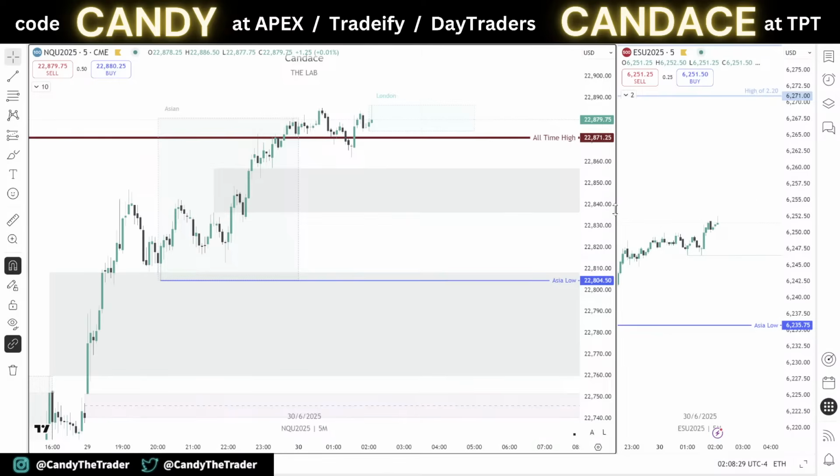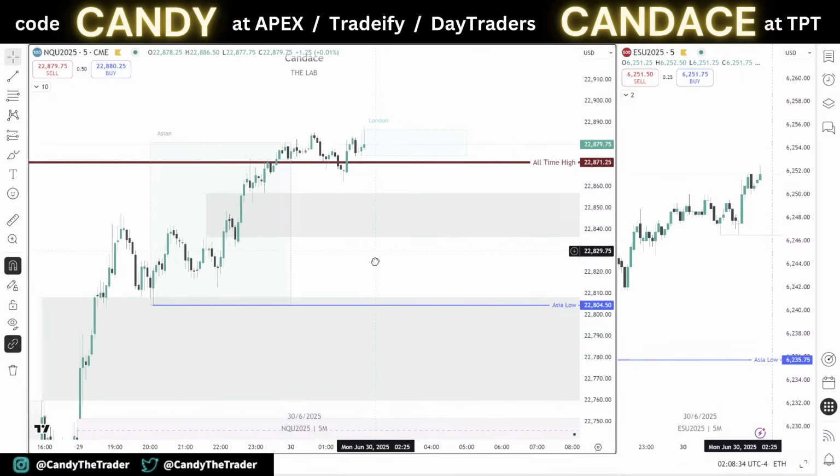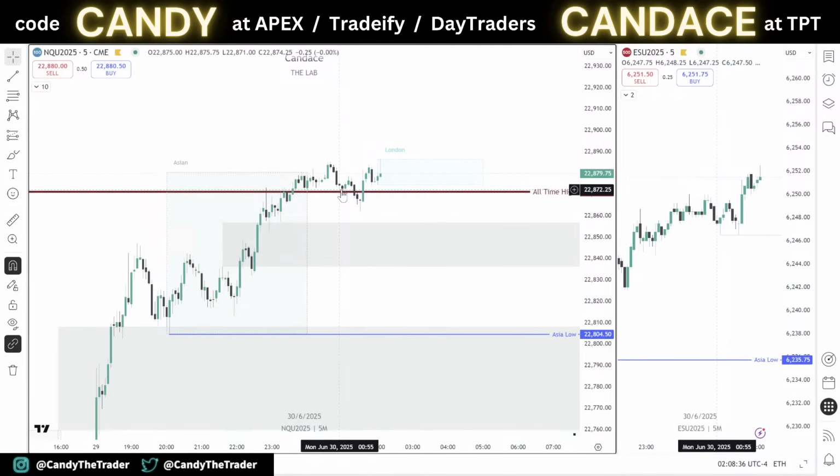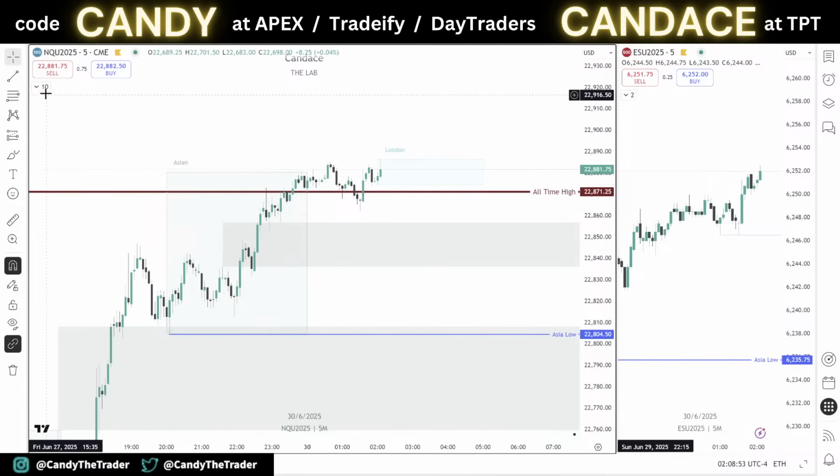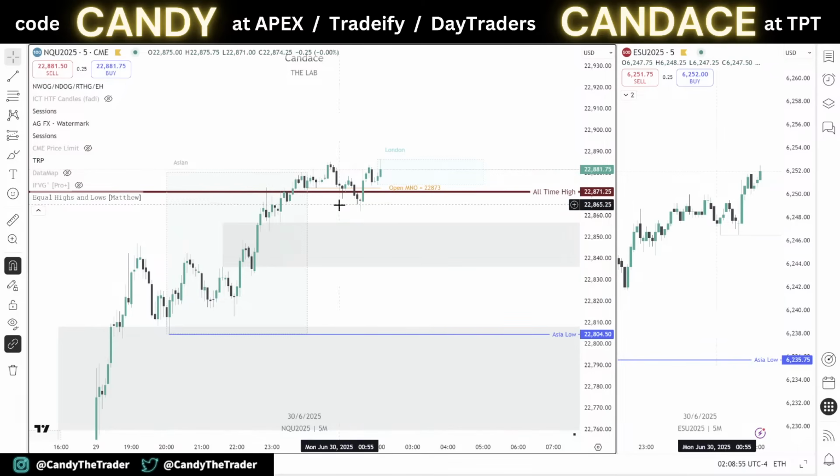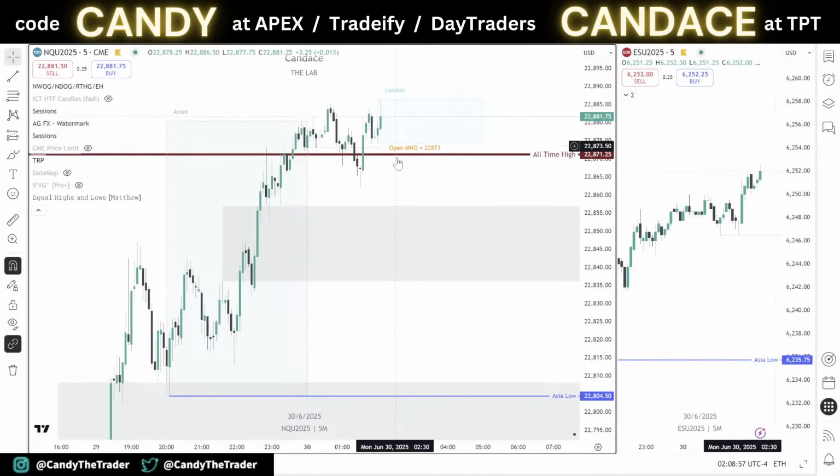All right. Right now, usually with this Asia range, I will try to short it because Asia high was swept. So for my model, in this scenario, I will try to find a short setup to short to at least the midnight opening price and then to some sell side liquidity.